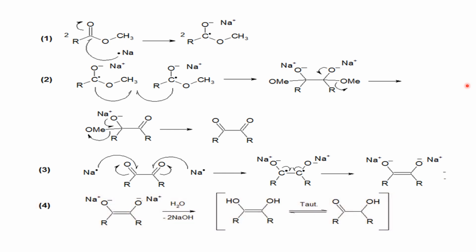Now see what happens in the final step. This undergoes a hydrolysis reaction with water, so OH minus will come, and NaOH will be lost. This undergoes tautomerization, because enolates easily undergo keto-enol tautomerism, so that we get an alpha hydroxy ketone, which is called an acyloin.